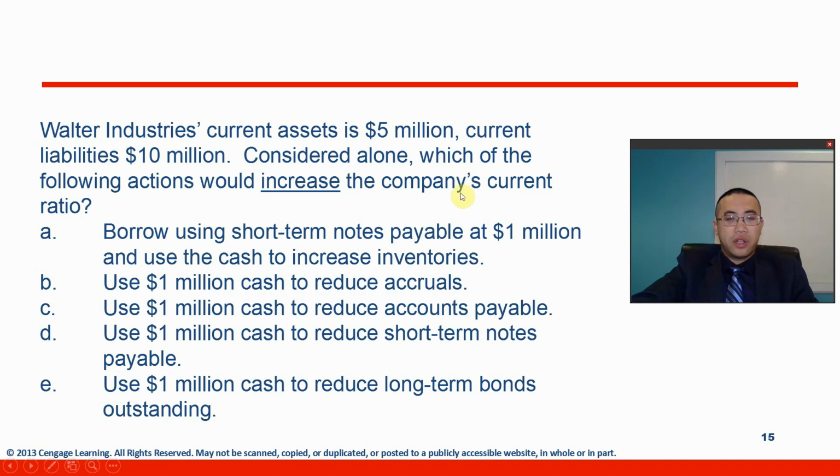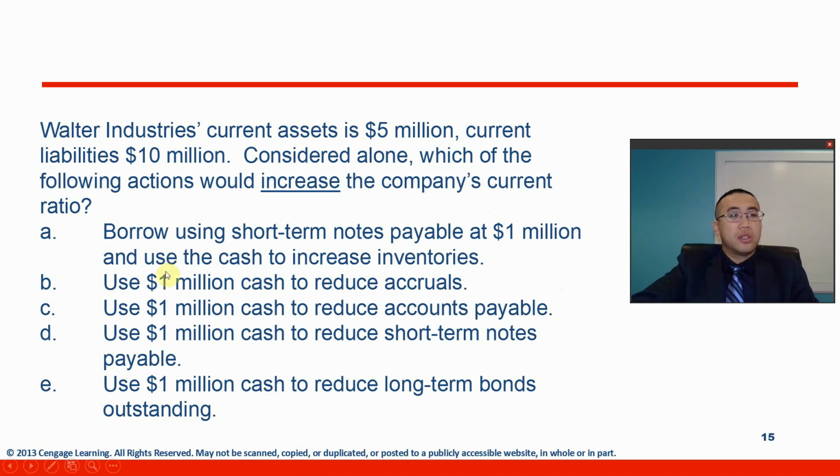The first thing you need to do here is to lay out the formula for the current ratio, which is current assets over current liabilities. And you will see which of the activities would affect current assets as well as current liabilities.